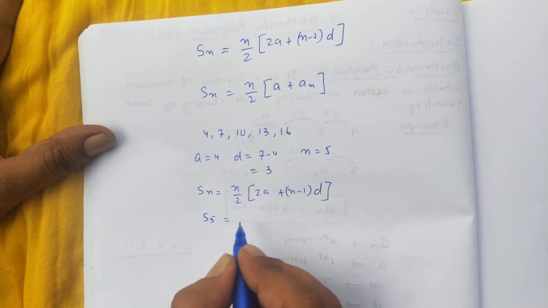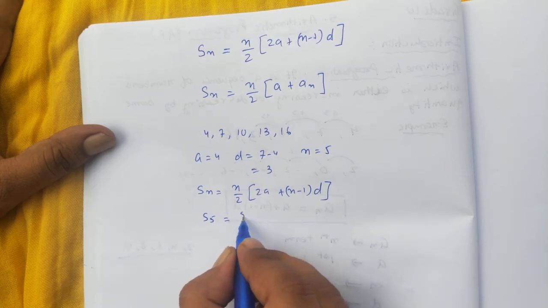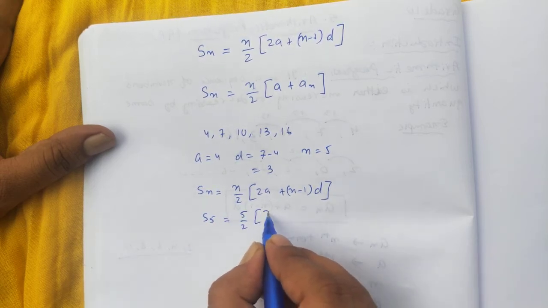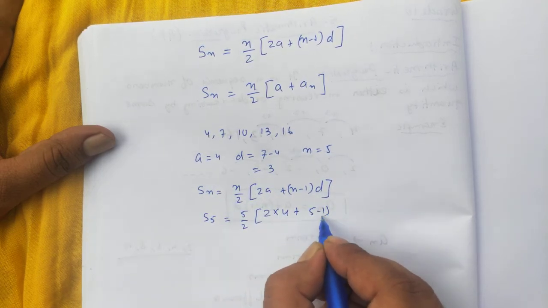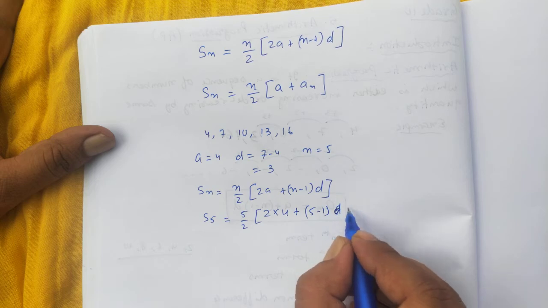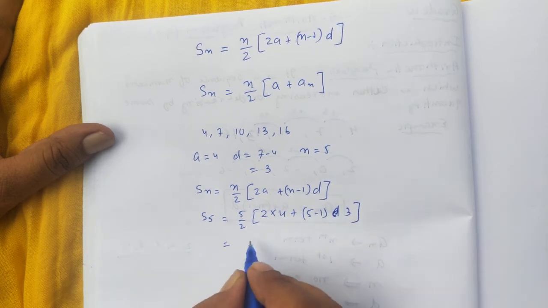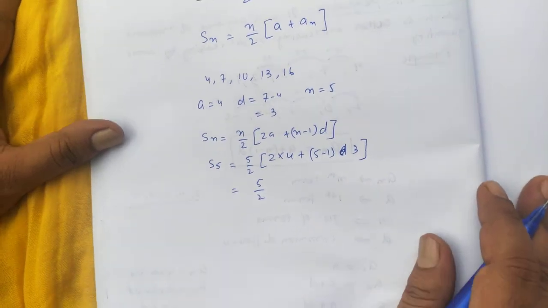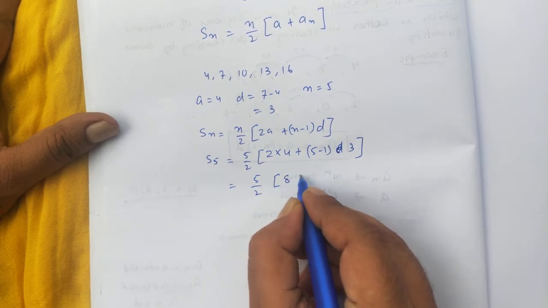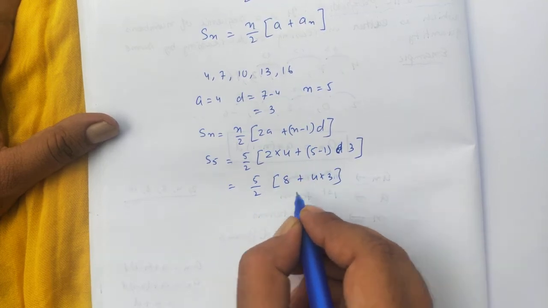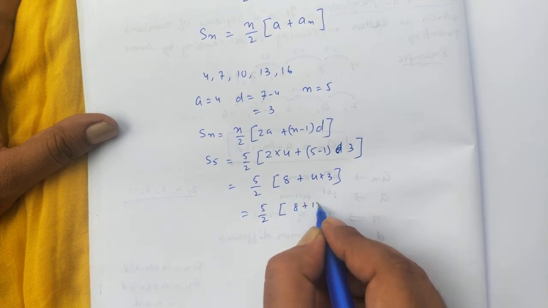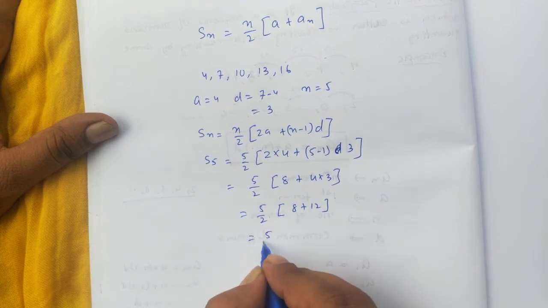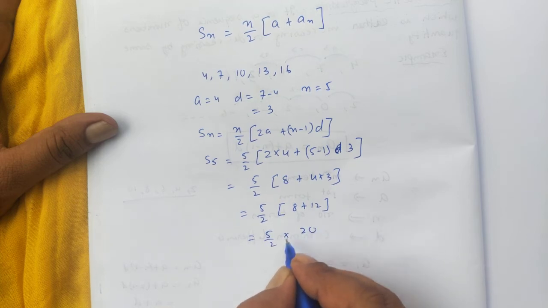So the sum of the first 5 terms is 5 by 2 into (2 into a, which is 4, plus (5 minus 1) into d, which is 3). This is 5 by 2 into (8 plus 4 into 3), 5 by 2 into (8 plus 12), 5 by 2 into 20.